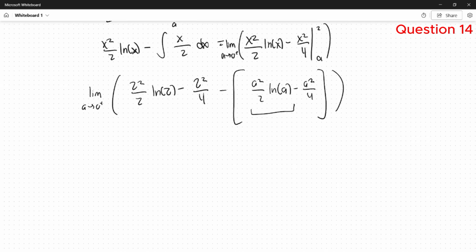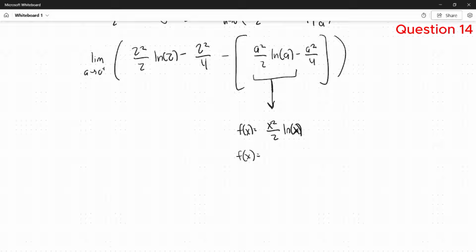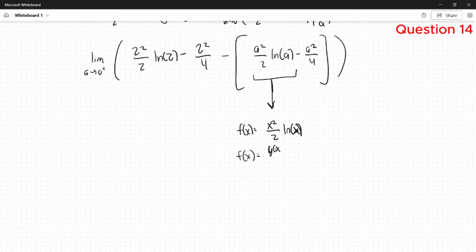Now, this relies on us to use L'Hopital's method here. If we have our function f of x equal to x squared over 2 times ln of x, we can actually rewrite this to be f of x equals g of x over h of x, which is ln of x over 2 over x squared.